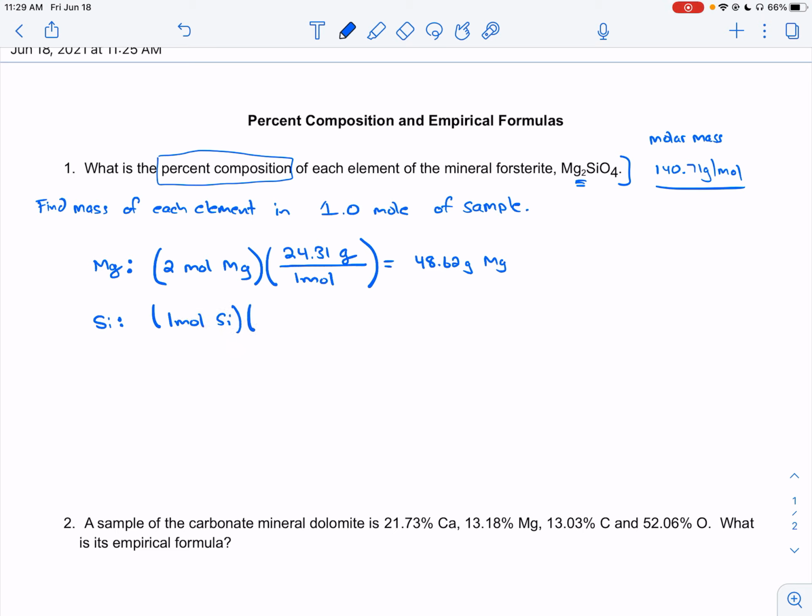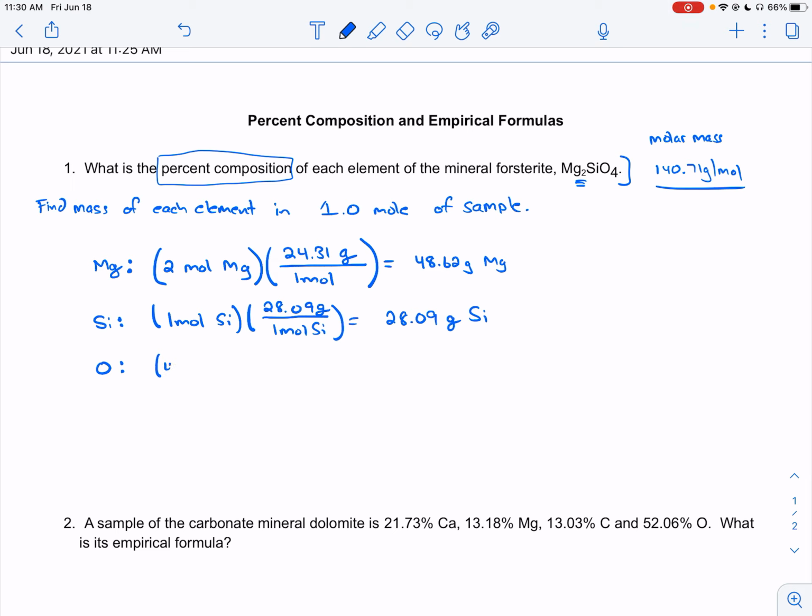So I can do silicon next, and here we have 1 mole of Si, multiplied by its molar mass, 28.09 grams. Again, this is from the periodic table. And we end up with 28.09 grams of silicon. And then finally we have our oxygen.